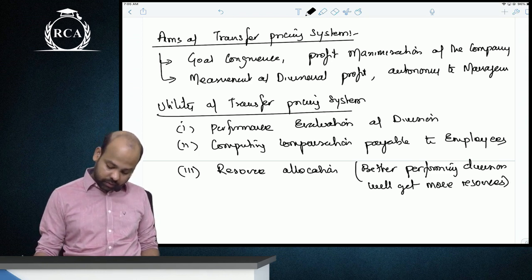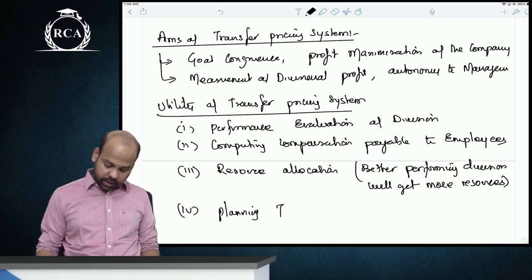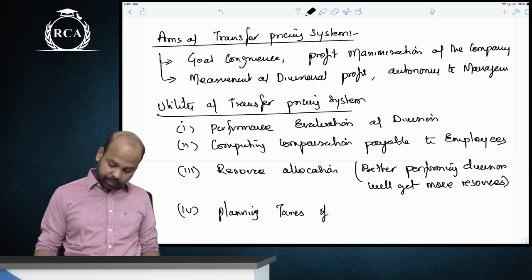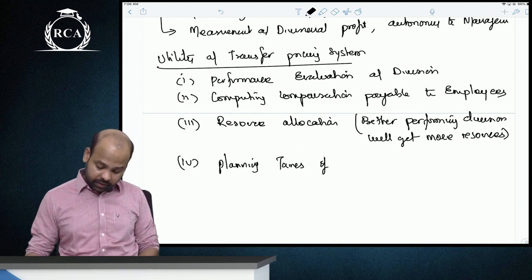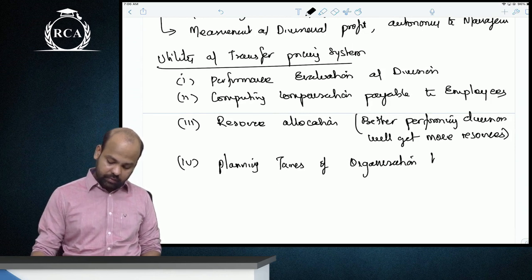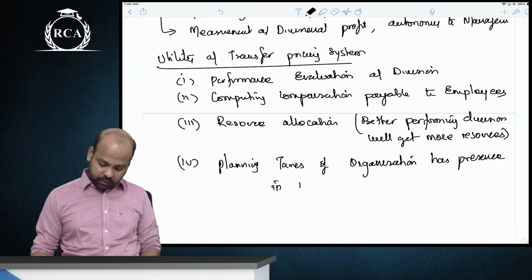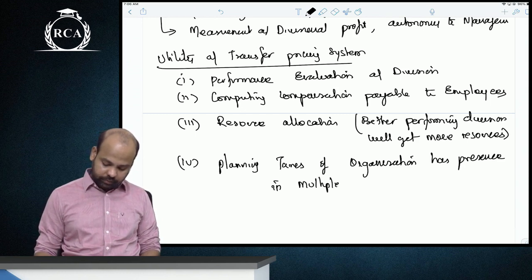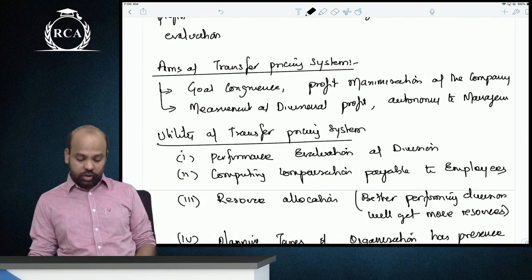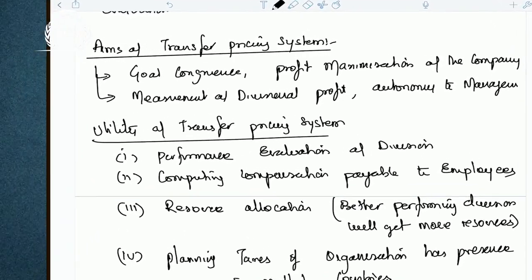And finally, planning taxes, if the organization has presence in multiple countries. Understood, sir. These are all the points, guys. Please make a note of it. All of you make a note of it.